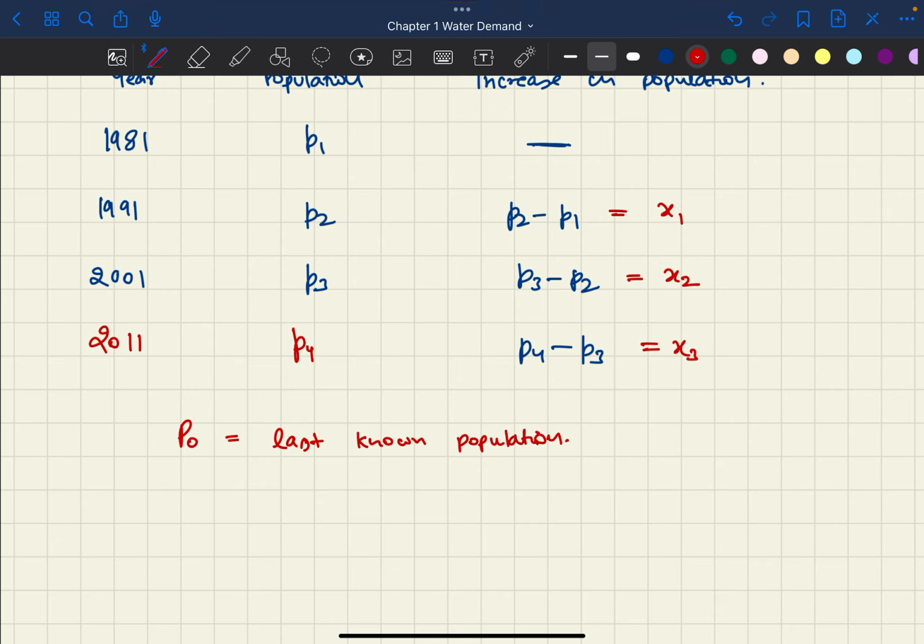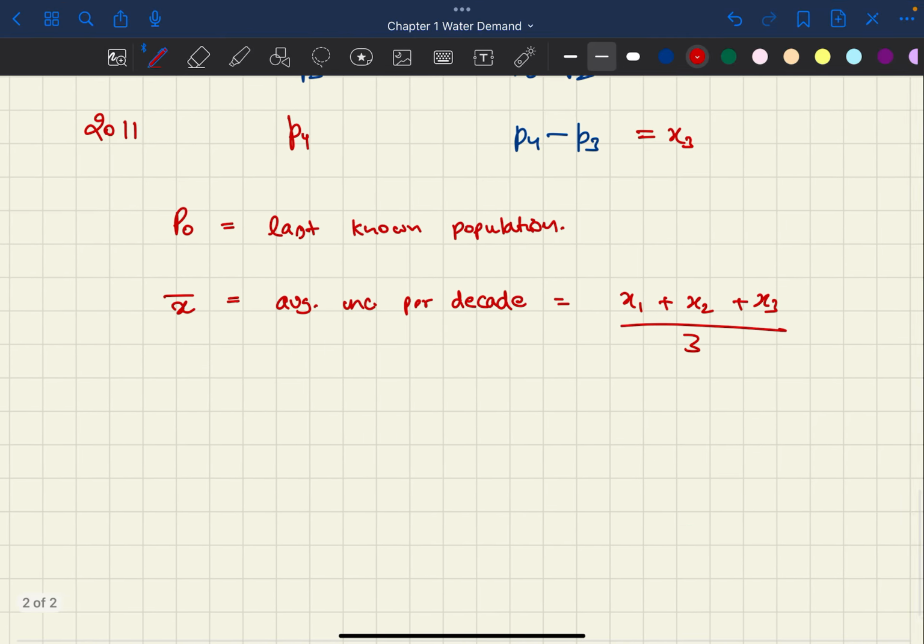So we will calculate this x bar, that is average increase per decade. This is equal to x1 plus x2 plus x3 divided by 3. In general, it is going to be x1 plus x2 plus so on plus xn divided by n.